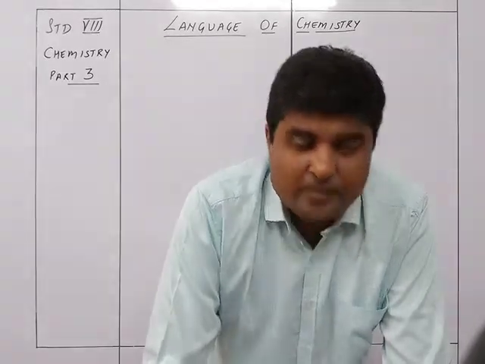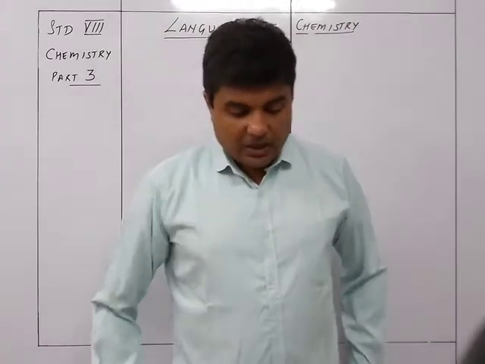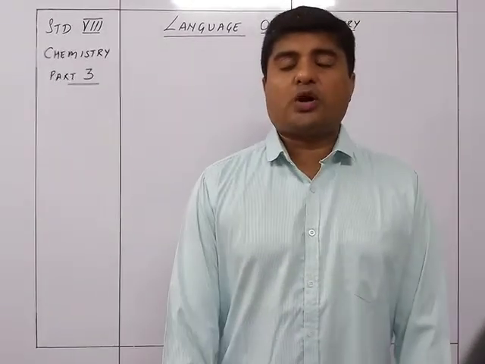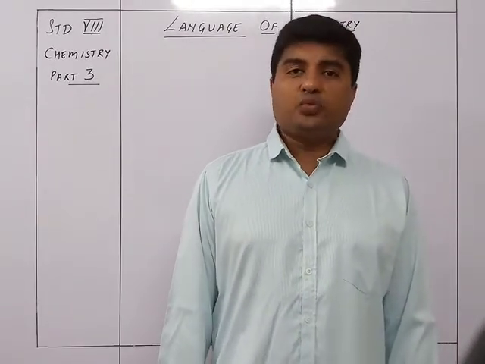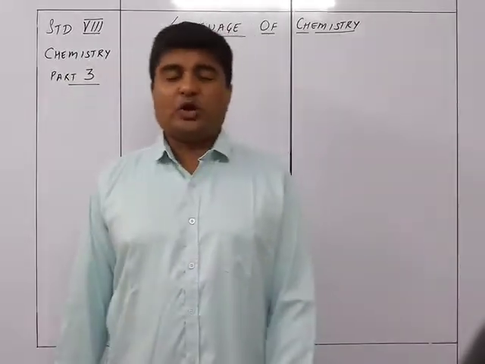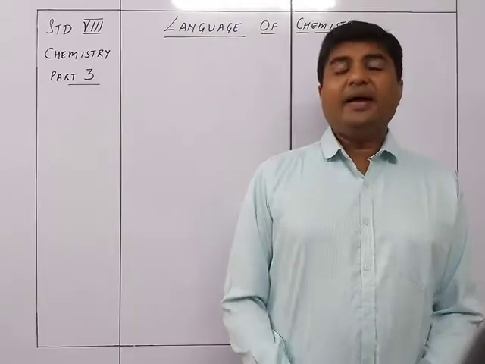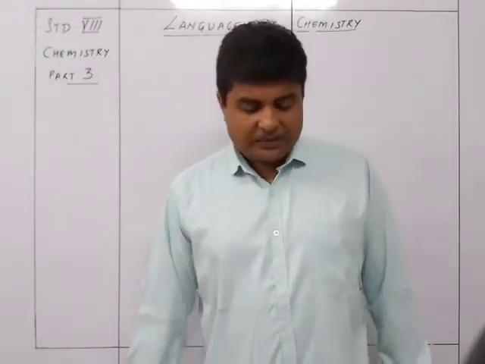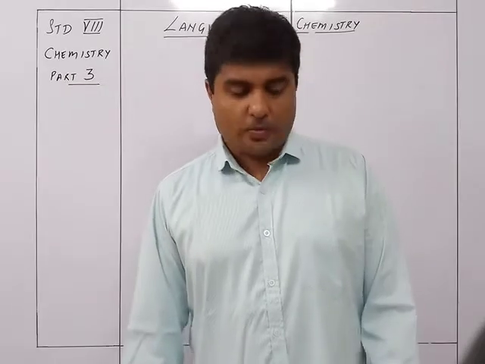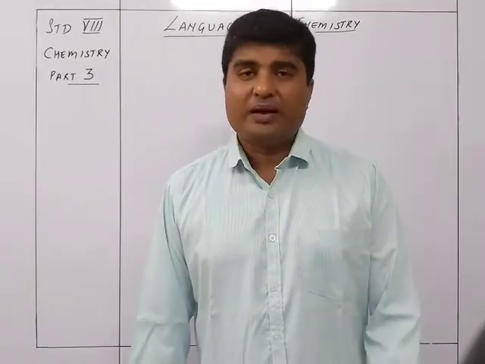Sulfur is 2, 8, 6, with valency equal to 2, a non-metal. Chlorine is 17, that is 2, 8, 7, so minus 1 is the valency and it's a non-metal. Then argon is 2, 8, 8, so its valency is 0 because the outermost orbit is completed, hence it's a noble gas. Potassium is 2, 8, 1, so plus 1 will be the valency and it is a metal.